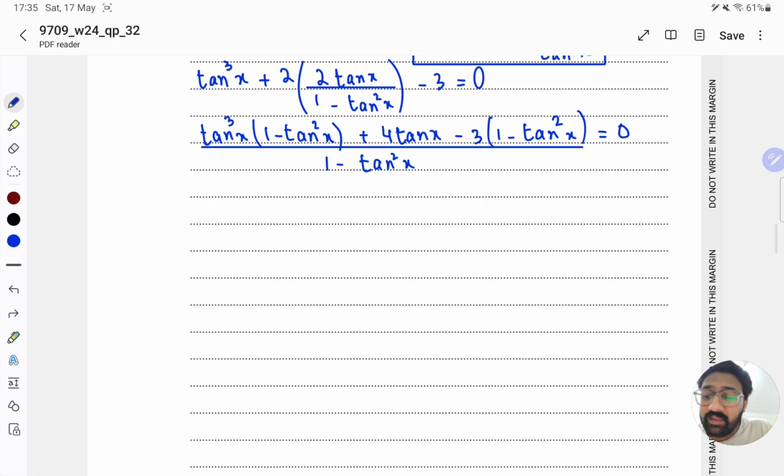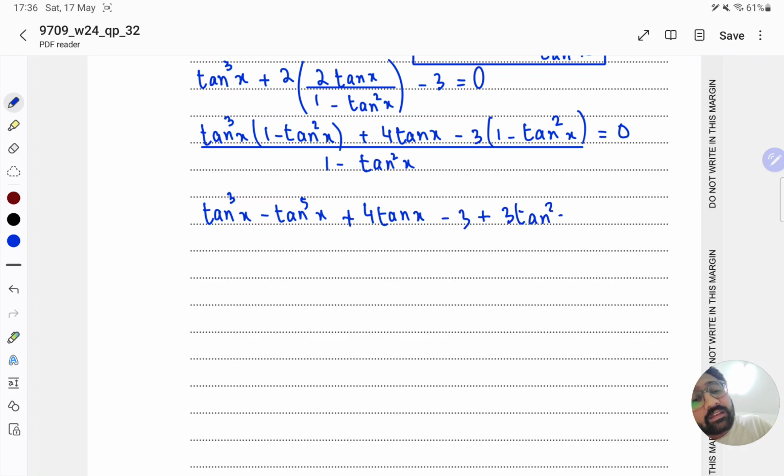Now we'll cross multiply. The denominator is going to go to the other side. It will become 0. We'll simply do the expansion of the numerator, which will be tan cube x minus tan 5x plus 4 tan x minus 3 plus 3 tan square x, and it will be equal to 0.